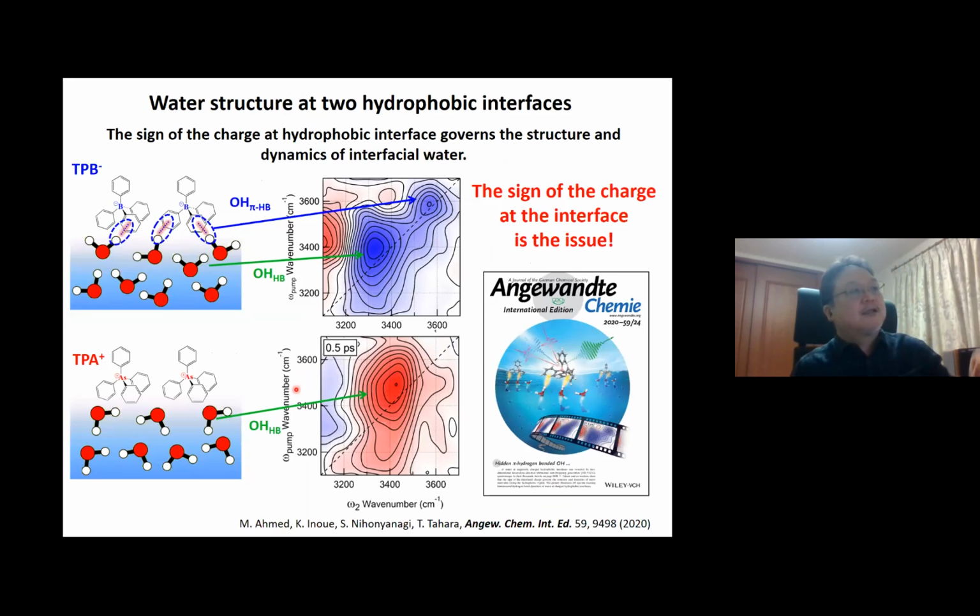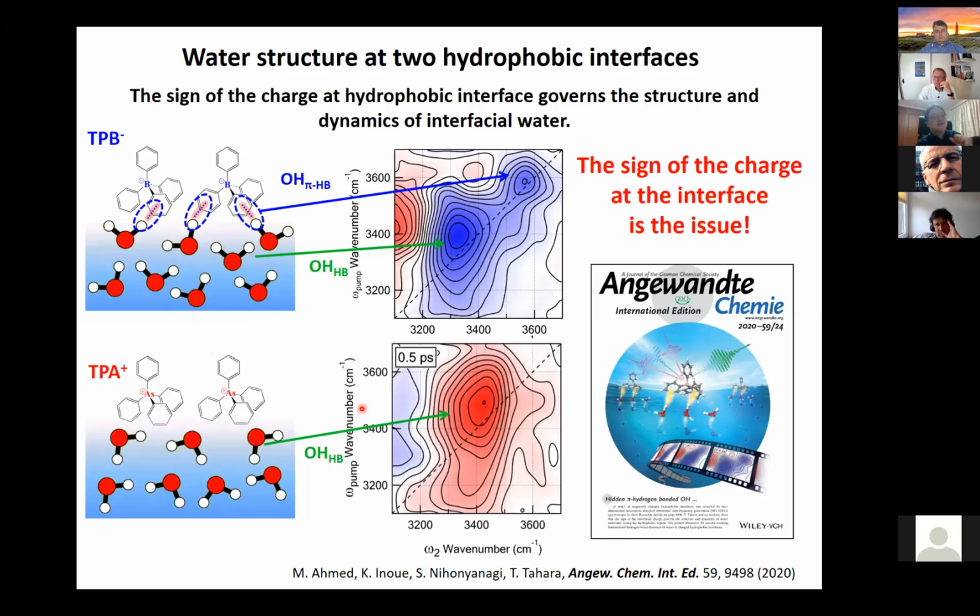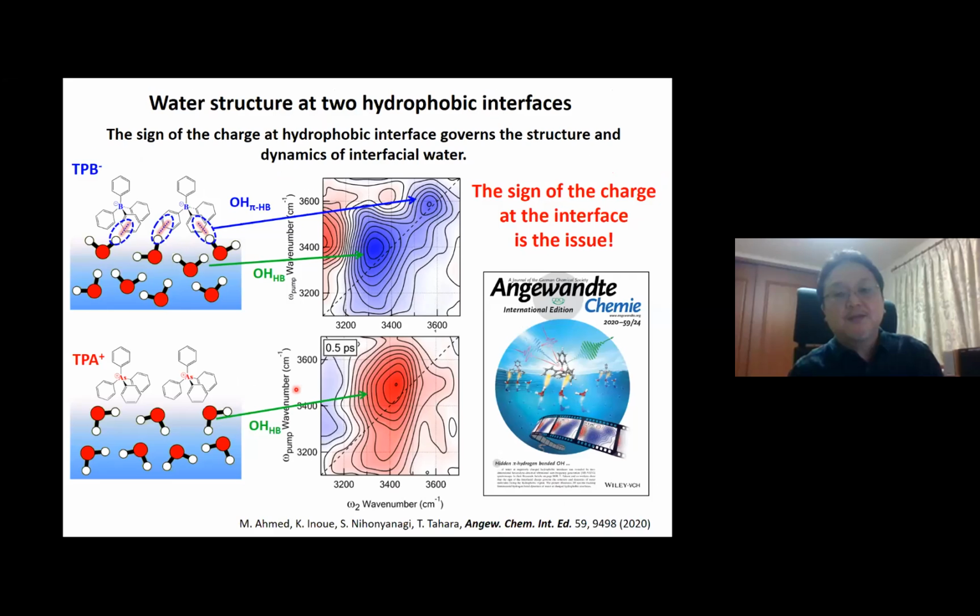So at the two charged hydrophobic interfaces, the sign of the charge at the hydrophobic interface governs the structure and dynamics of interfacial water. Although the steady state spectrum cannot provide a clear view of such a difference, 2D heterodyne VSFG spectroscopy provides this kind of new insight.